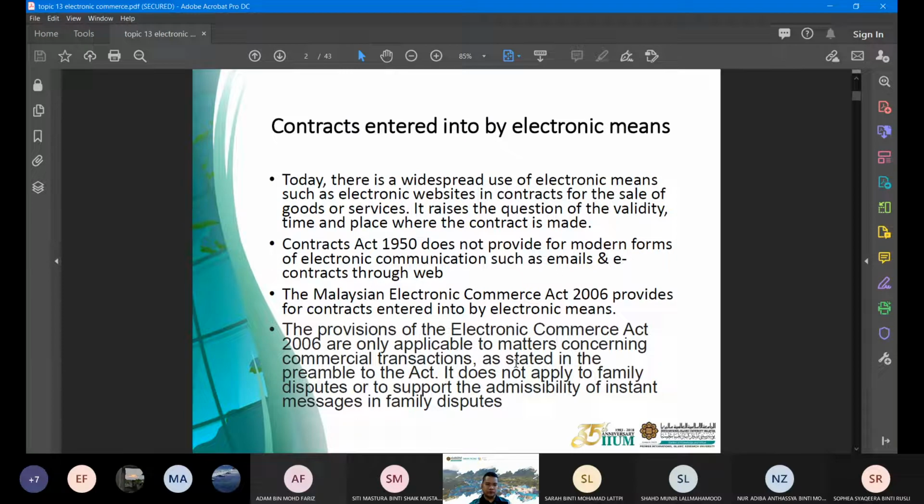We can see that because of the advance of the internet as well as all this online banking, there's a lot of internet or electronic activity, and we are doing this every day.